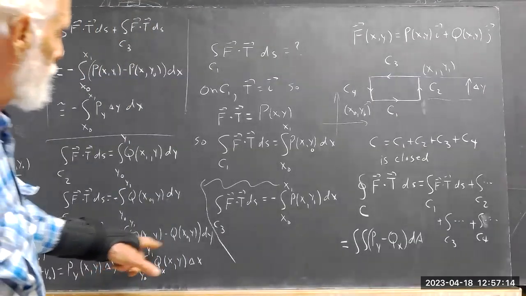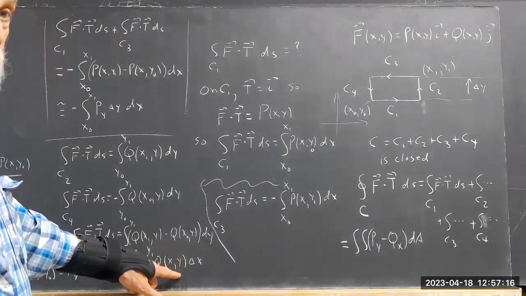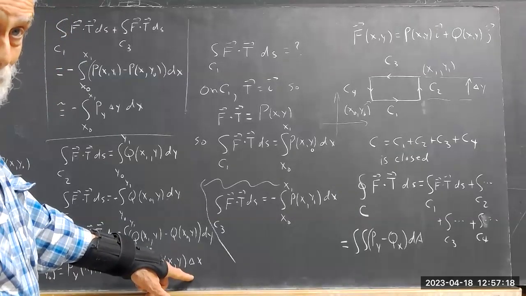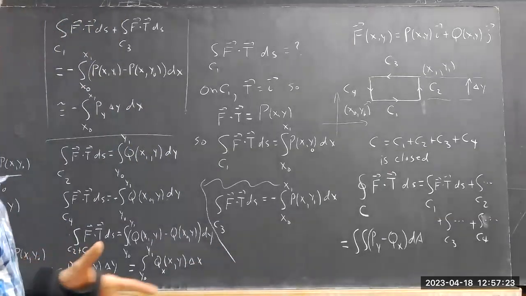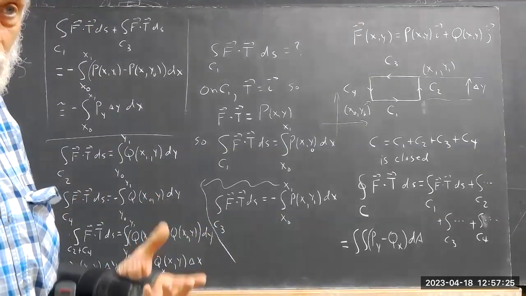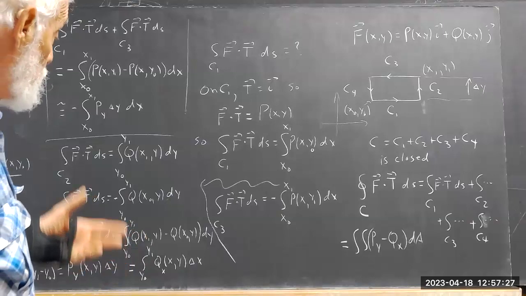So this is approximated by q_x of x1 times delta x. Being a little vague because I don't want to put in a lot of extraneous notation. Trying to focus on the idea.